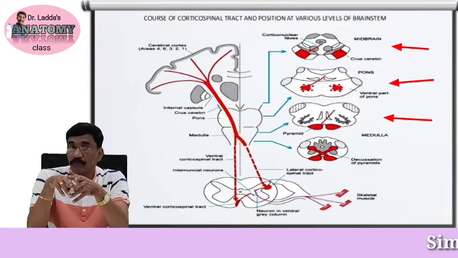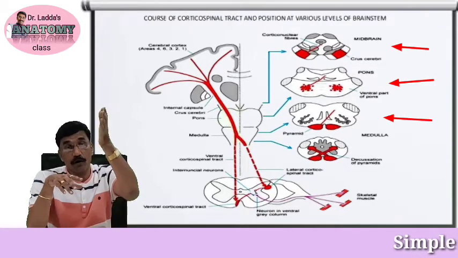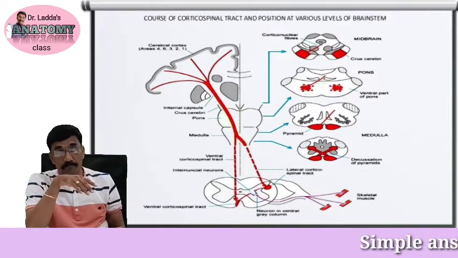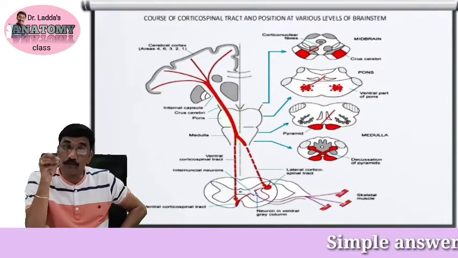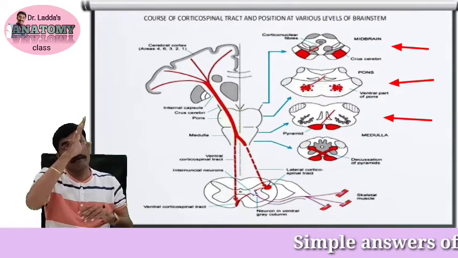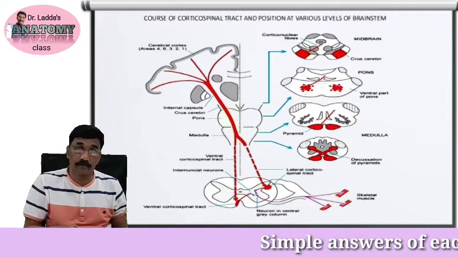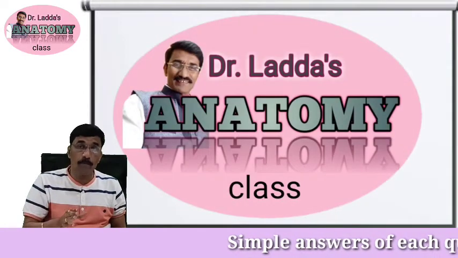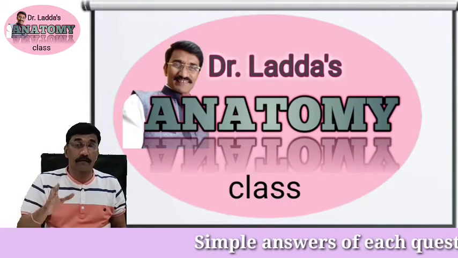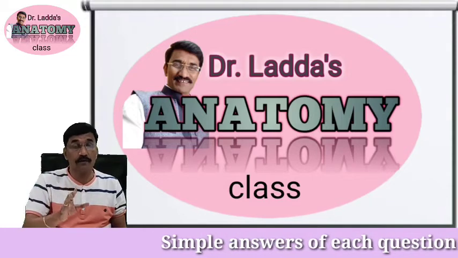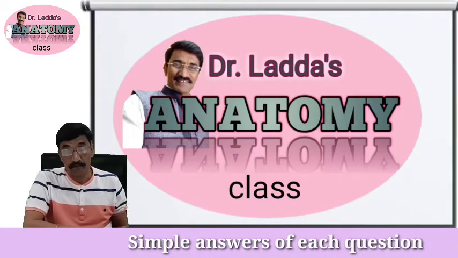Naturally, they are supposed to pass through all these three parts. This is one more fundamental point to remember: the fibers coming from the higher center pass through the midbrain, the pons, and the medulla oblongata.